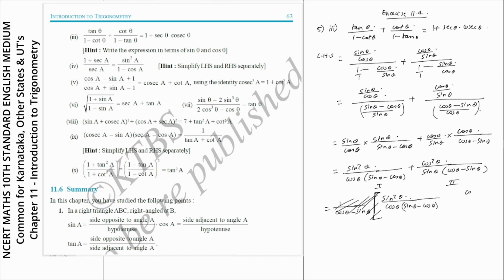Numerator I'll keep it as it is, cos square theta. In the denominator what I'll do is I'll interchange these two, and I'll write as sin theta minus cos theta. So I'll take minus 1 as common factor.